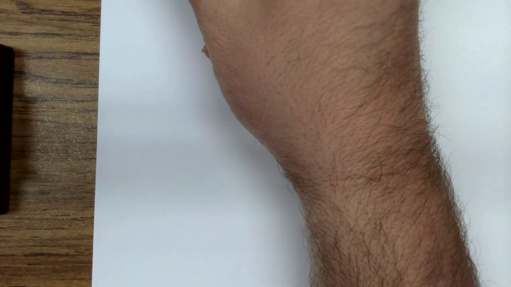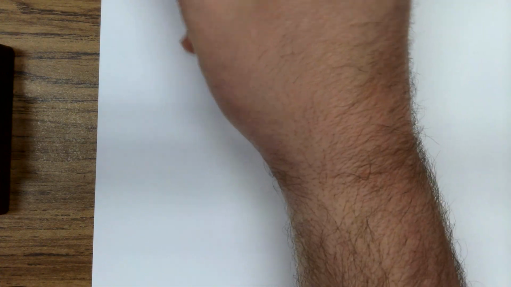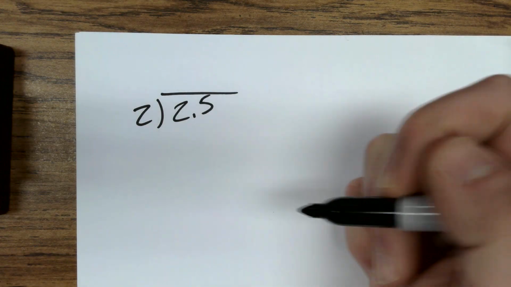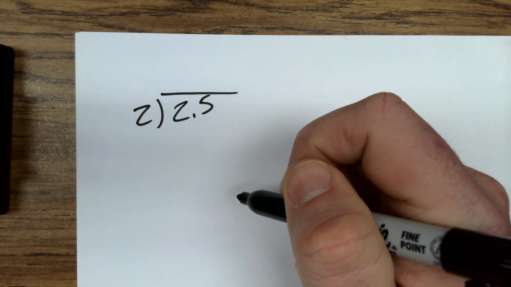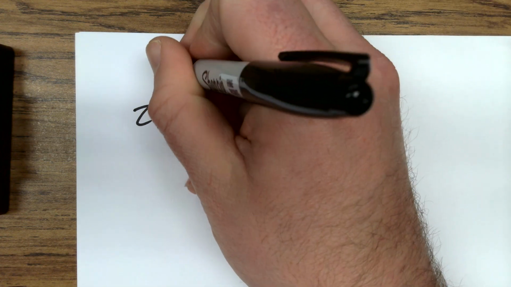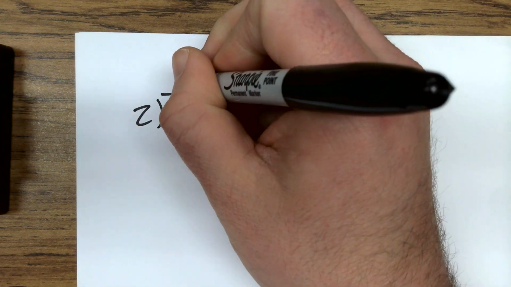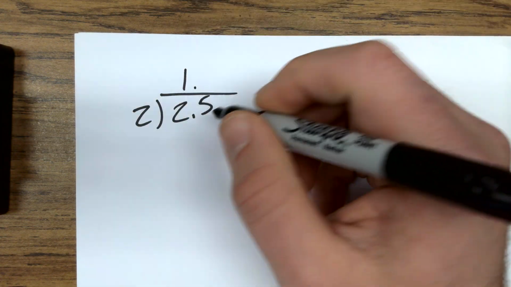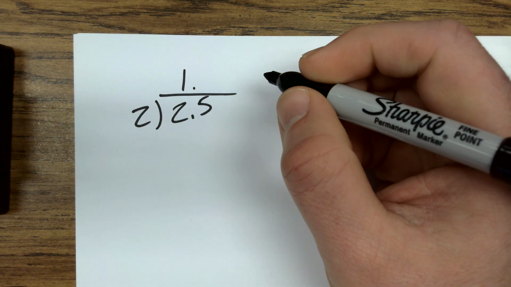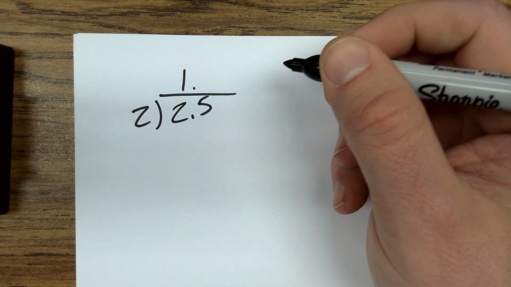Let's do a little bit of practice real quick. 2.5 divided by 2. How many times does 2 go into 2? 1. How many times does 2 go into 5? 2, right? 2 times 2 is 4.